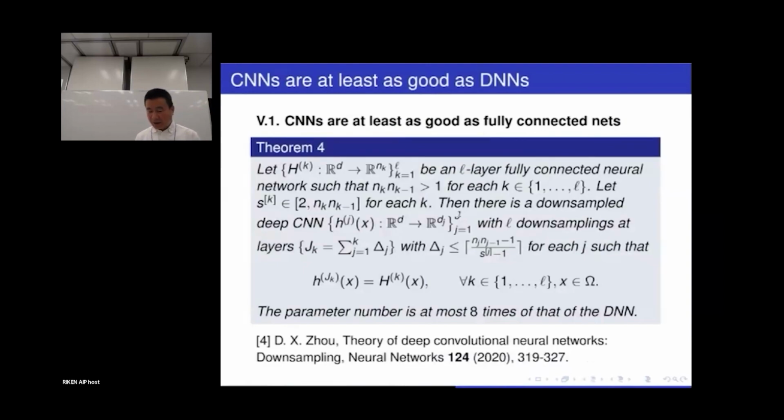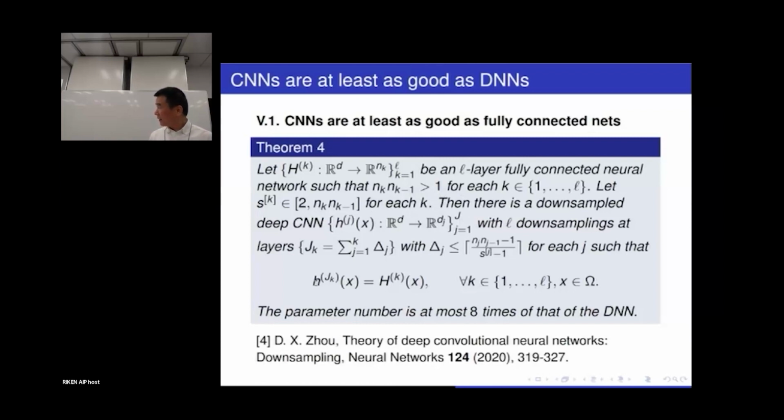The theorem says that if you give me a fully connected neural network H that may have L layers, then we can always find a deep CNN with downsampling operations such that the output functions of the last layer will be the same.